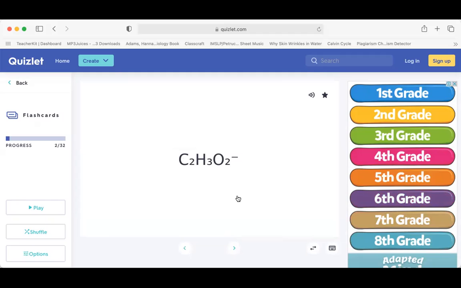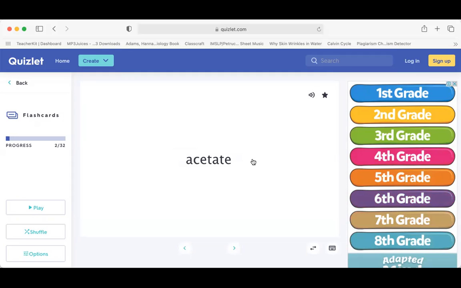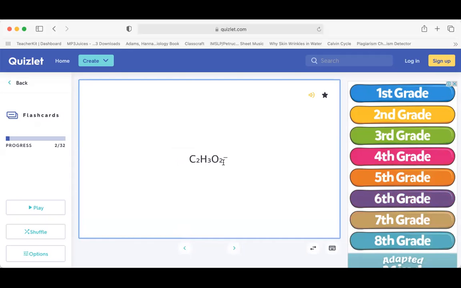Another formula is CH3COO minus 1. Okay, acetate. If you click on it again, nothing happens. I don't know why sometimes it talks to me and sometimes it doesn't. Anyway, you can play around with that if you want.